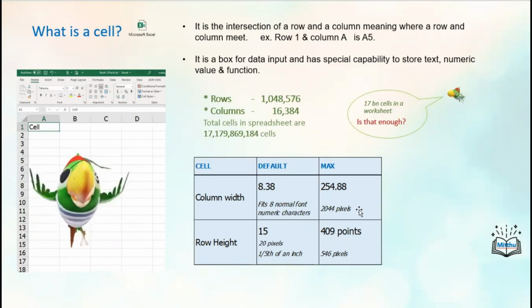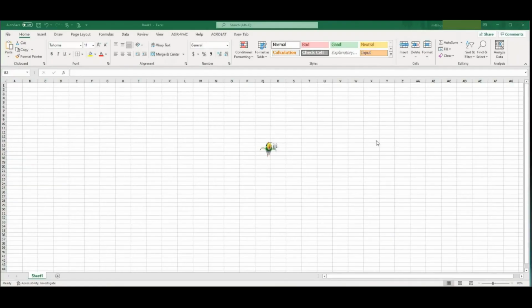So let us see how we can maximize this height and width. Each box is a cell. The columns are represented by alphabets, which you see on the top menu, and the rows are represented by the numbers at the left. When you place a cursor anywhere, the name of the cell appears here in the name box.